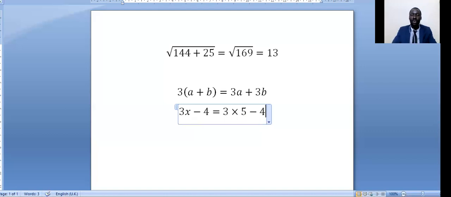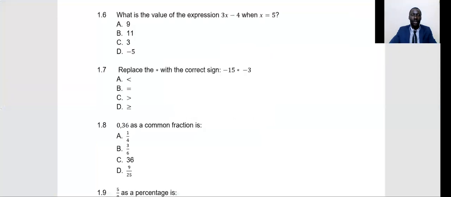So we will get 3 times 5, which is 15, minus 4. So 15 minus 4 will give us 11. And so checking on what we have here, 11 is B. So that means the correct answer to this question is B.